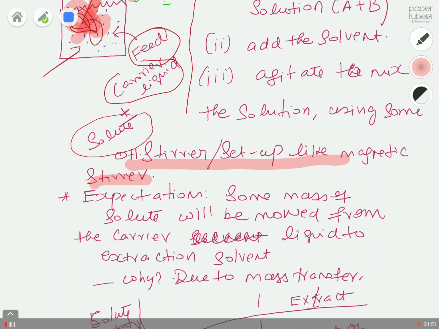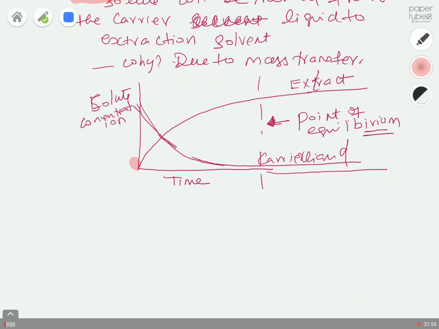So what we can expect out of this experiment, I already stated in the previous lecture. I'm just going to repeat it one time. You have your solute concentration on the y-axis and time on the x-axis.